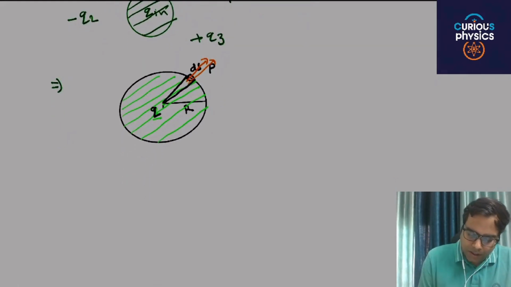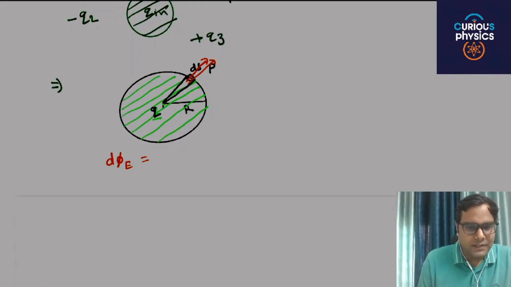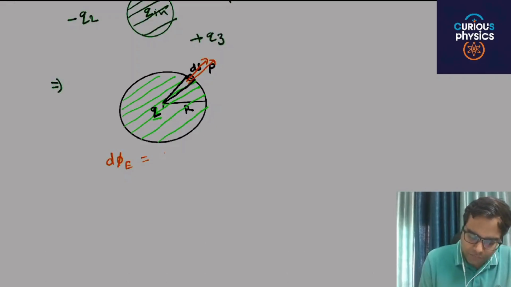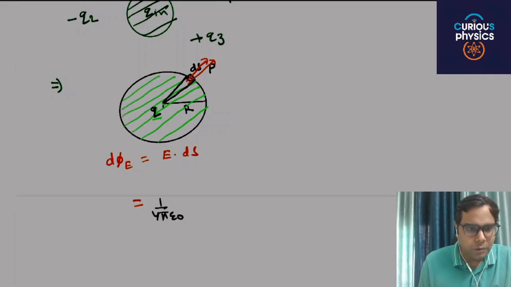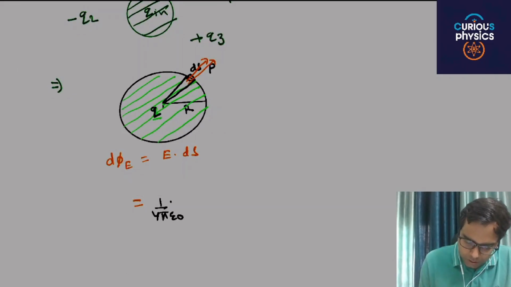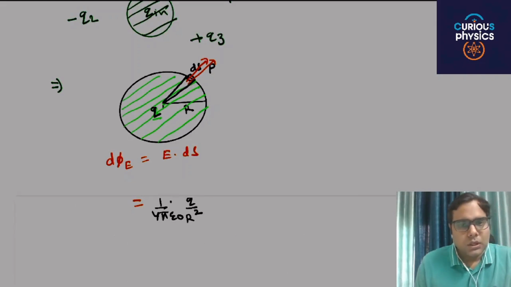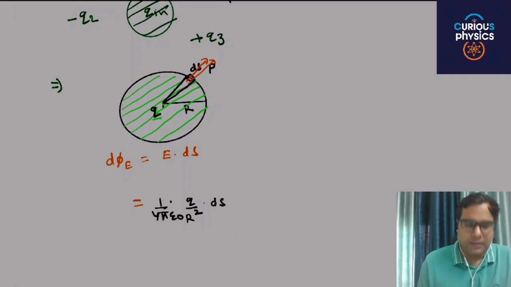Then the small electric flux from this surface will be the electric field into dS, and the value of the electric field will be 1 by 4 pi epsilon naught into q by r square, as we know from Coulomb's law, and dS is the area.